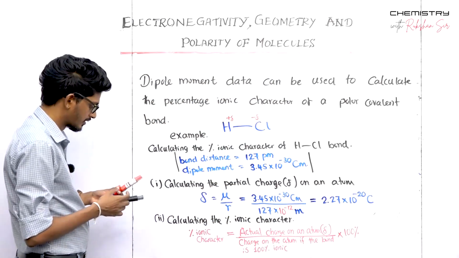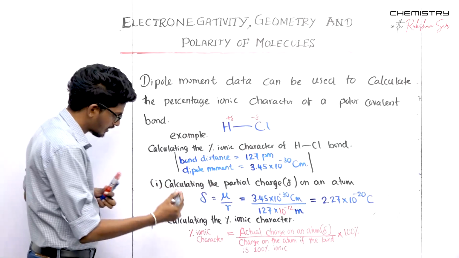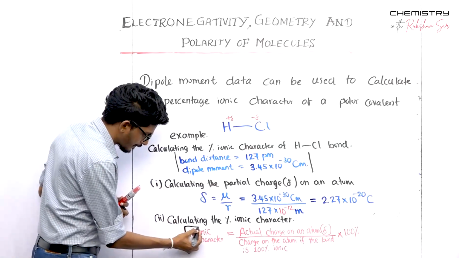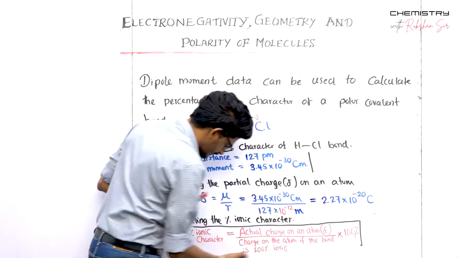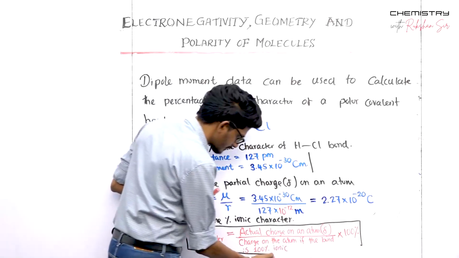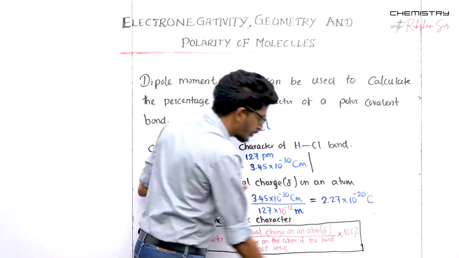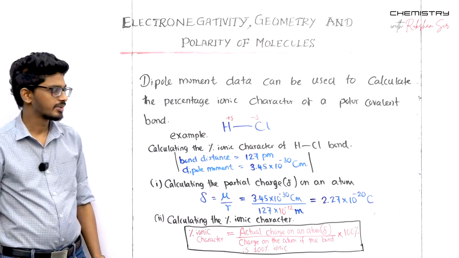This is the equation we are supposed to use to calculate the percentage ionic character.